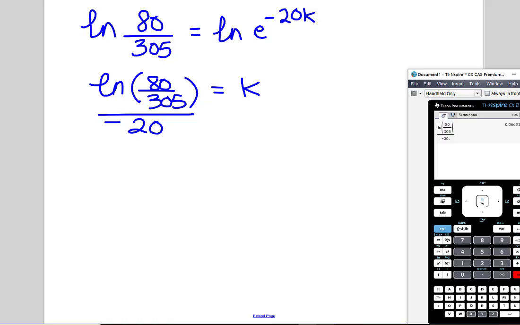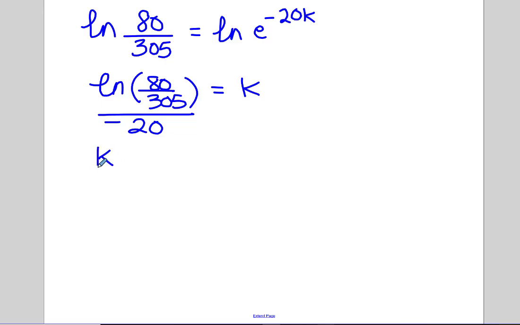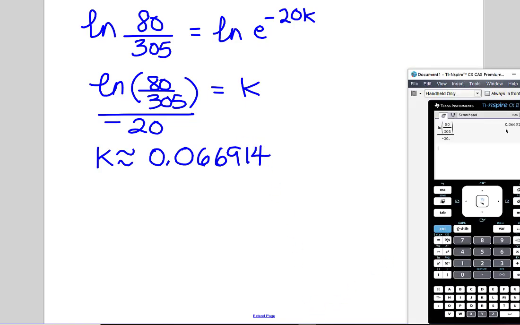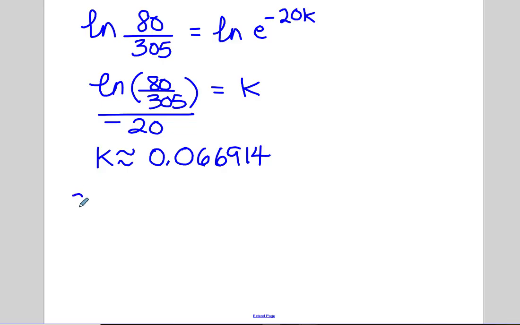So that would be k, which is about 0.066914, if I remembered that right. Yes, okay. So now we know our constant, and we want to solve for t. We're looking for when T of t is equal to 90.